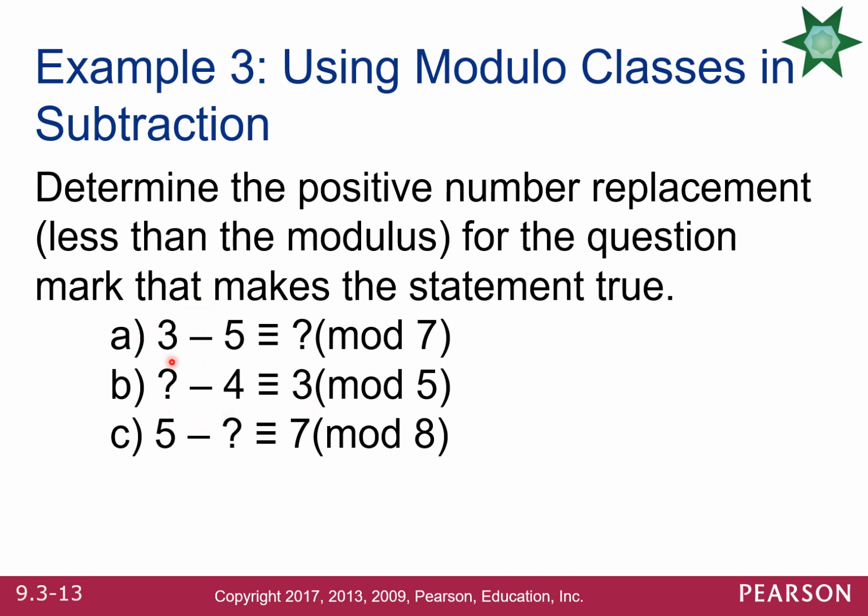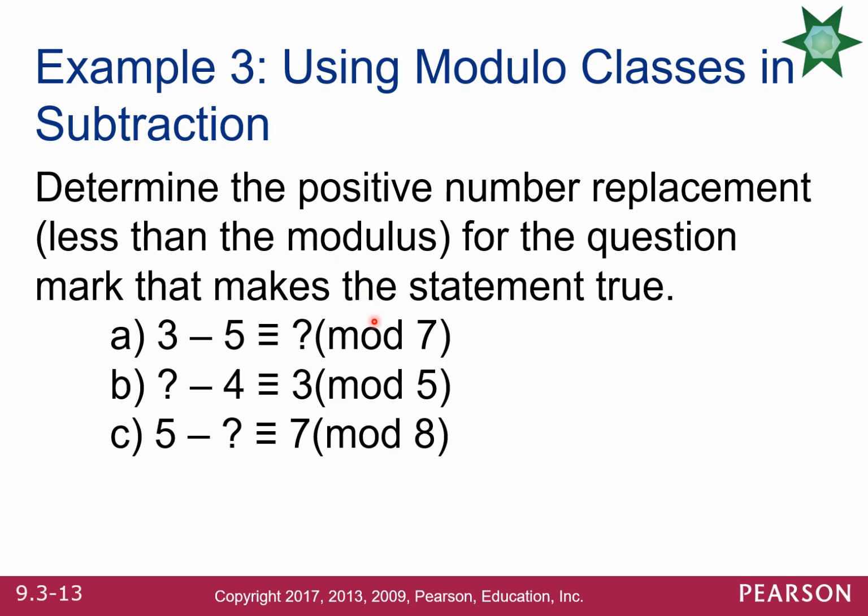The first one says 3 minus 5 is congruent to what, question mark, mod 7. The next one says question mark minus 4 is congruent to 3 mod 5. So we have to replace these question marks with a value which will make this statement true.